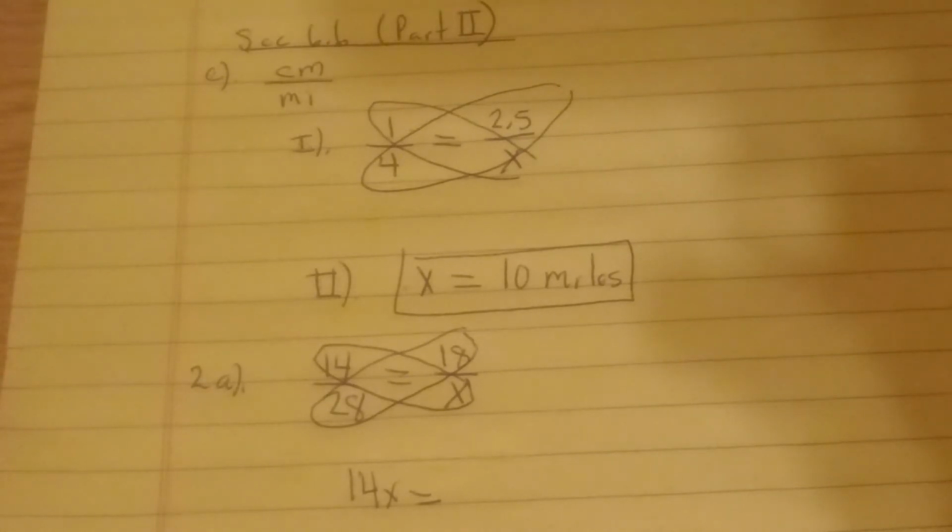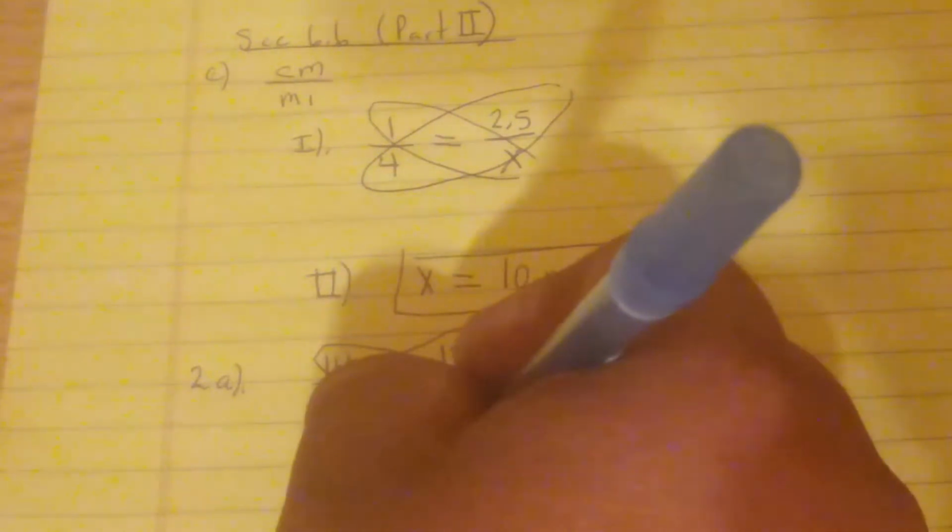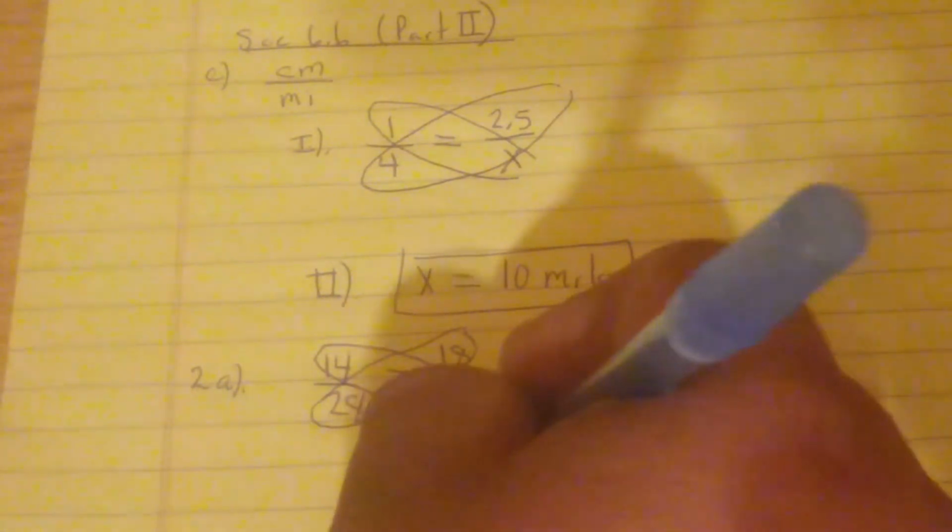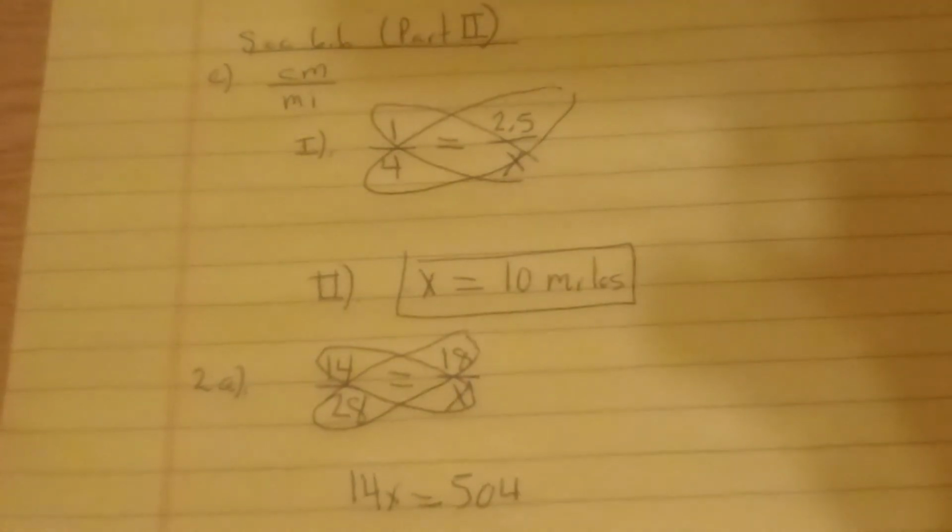Sometimes it remembers what you previously did. So you should have gotten 504 for that. And once again, recheck that just to make sure. So 28 times 18 does give you 504.